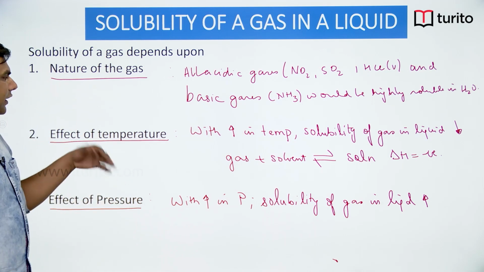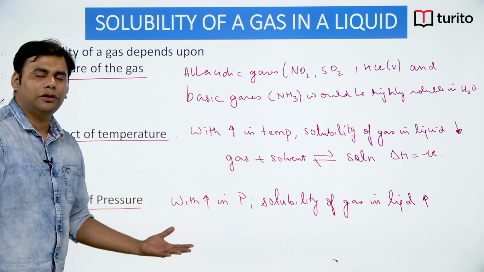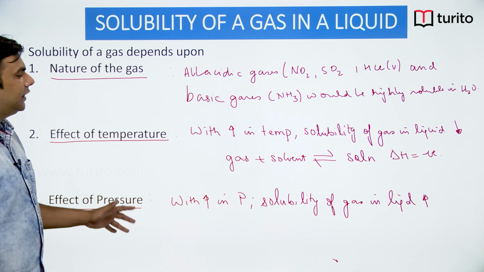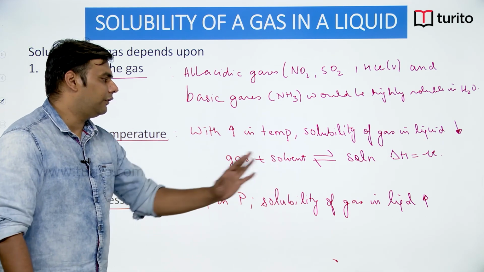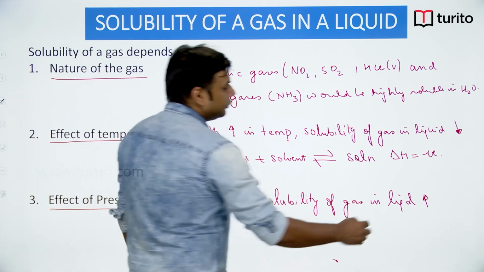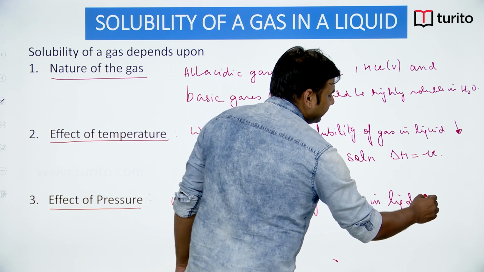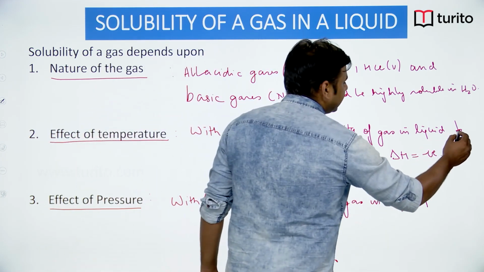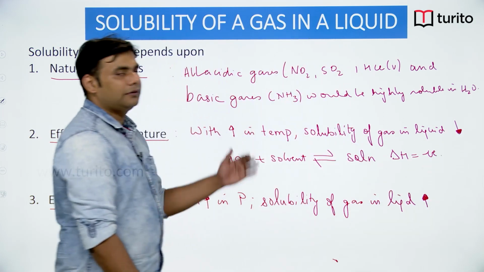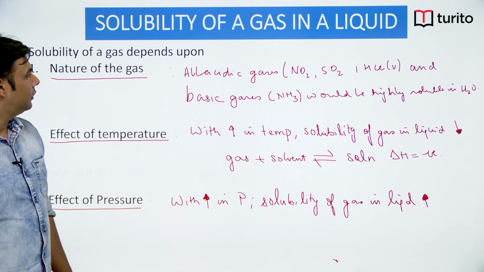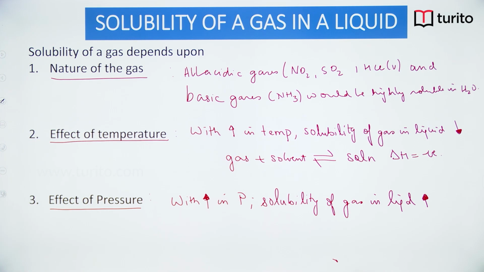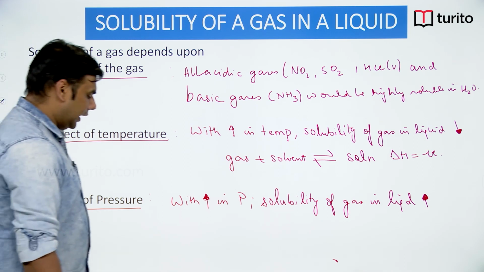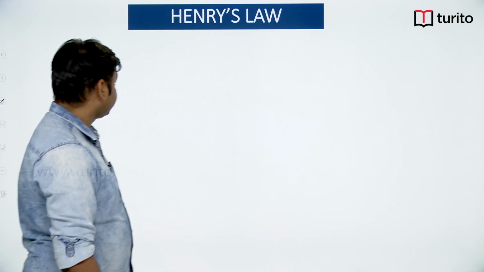With increase in temperature, the solubility of gas will always decrease, and with increase in pressure, the solubility of gas in liquid will always increase. So the up arrow over here shows increase, and the down arrow which I am showing indicates that the solubility is decreasing. Okay, hope this is clear to you. You can take a snapshot of this. I am just rushing through this because I want to enter into the problem solving.